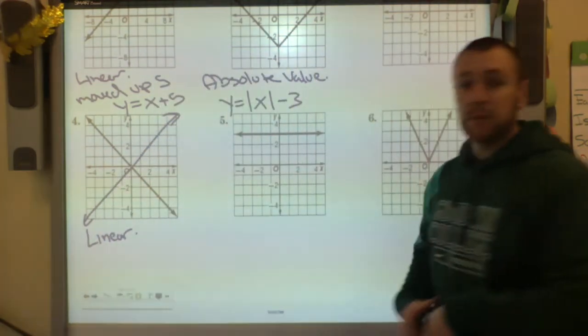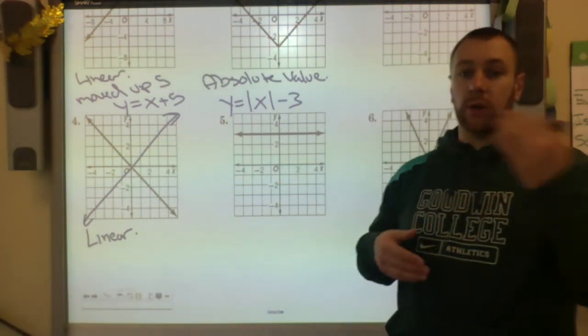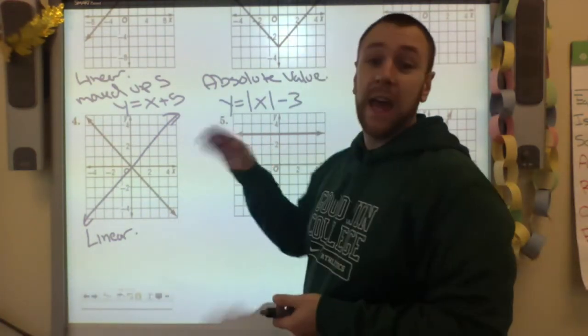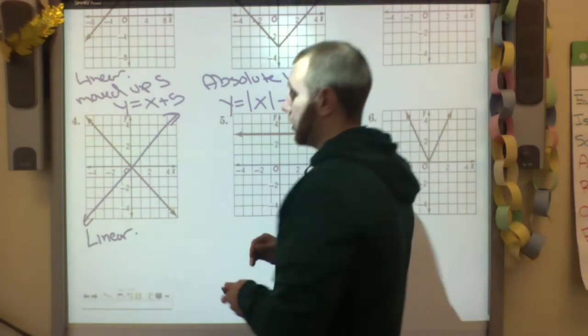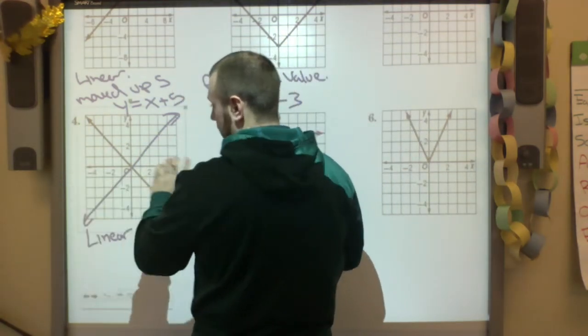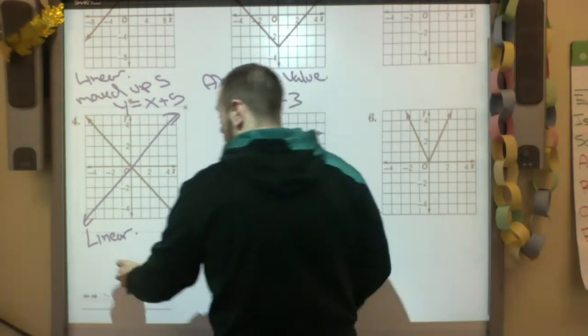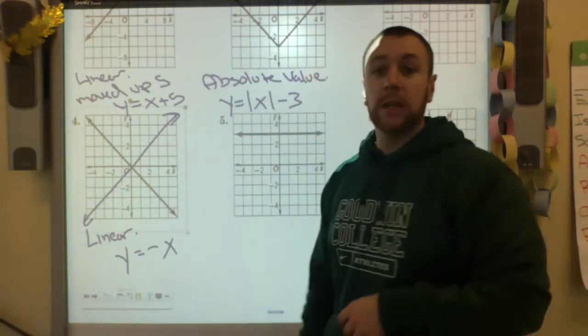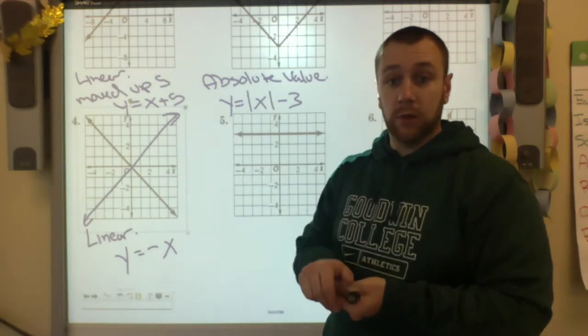Didn't move anything, so it's not h or k. Now, it's that a. It's that flip. So this is literally just taking this and flipping it to the other side. So this is going to be negative x. The negative 1x. It's going to be the flip of that.